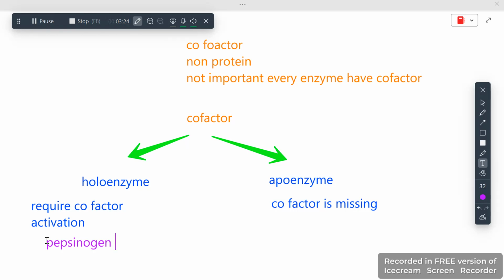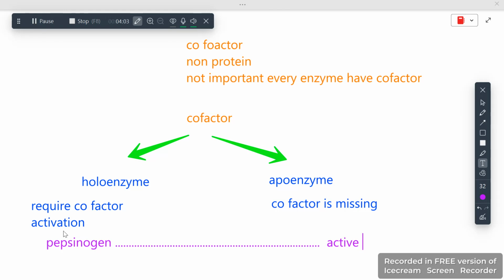Holoenzymes require a cofactor. Pepsinogen is the example of holoenzyme, but when it becomes active, that is known as apoenzyme.